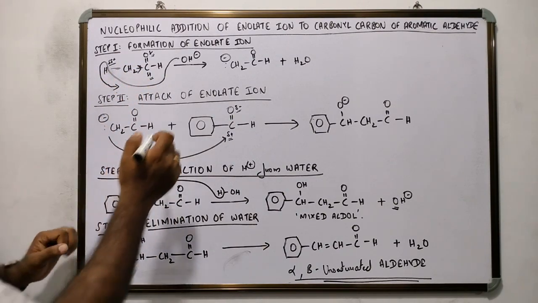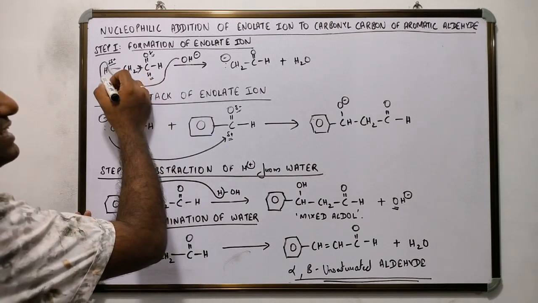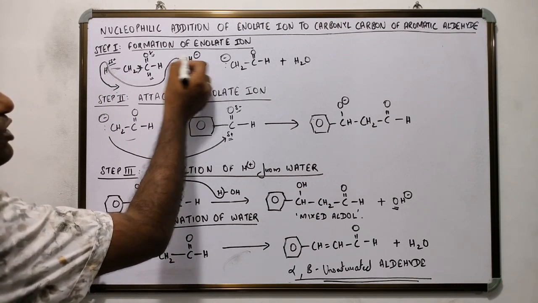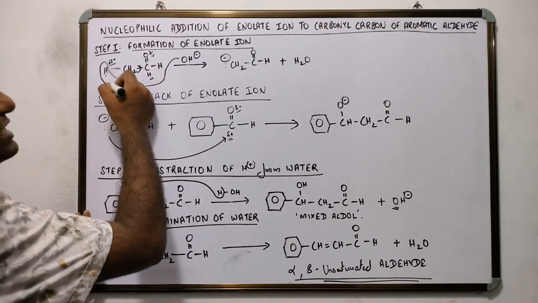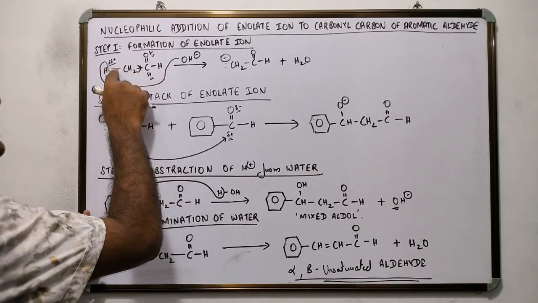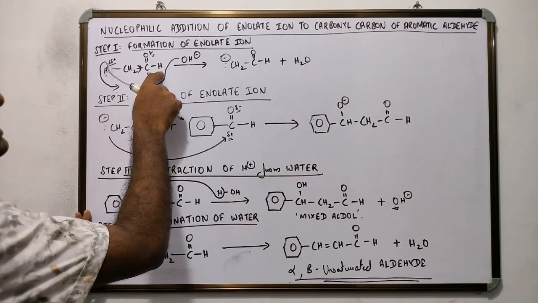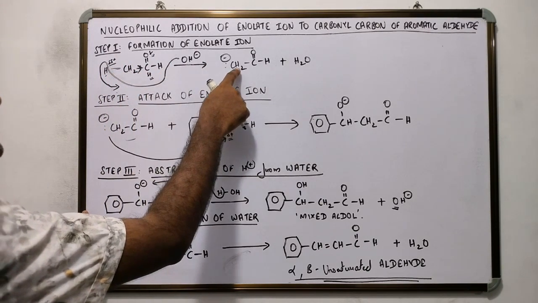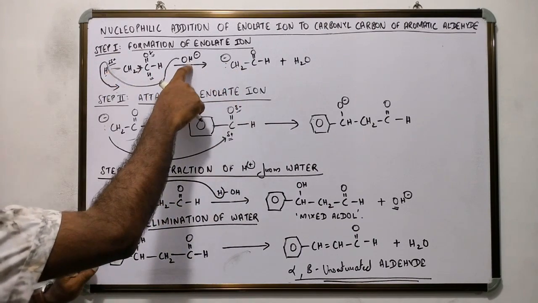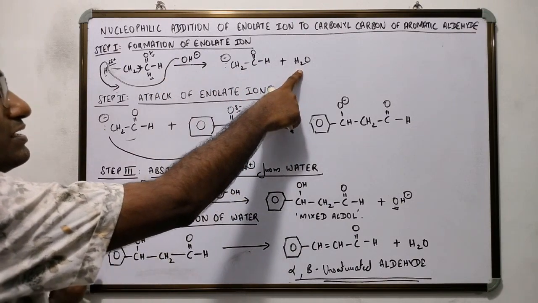It is at this juncture that OH minus intervenes. Sensing that OH minus has greater availability of electron, the H plus dissociates from this molecule. When it dissociates, it leaves its electron pair with the molecule, resulting in the formation of an enolate ion. The dissociated H plus goes and combines with OH minus to form an H2O.